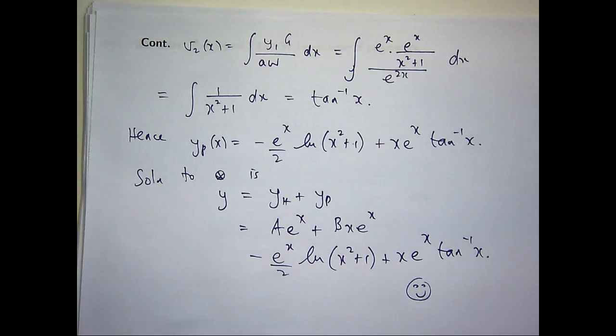Very powerful. Obviously, you've got to be on top of your integration for these kinds of problems. But rest assured, if we ask you something about this, even in class test 2, we'll give you the variation of parameters formula. You don't need to remember it, you just need to be able to apply it. The big A and big B here are just arbitrary constants. We don't know what they are. We could calculate them if we had initial conditions, but we don't.